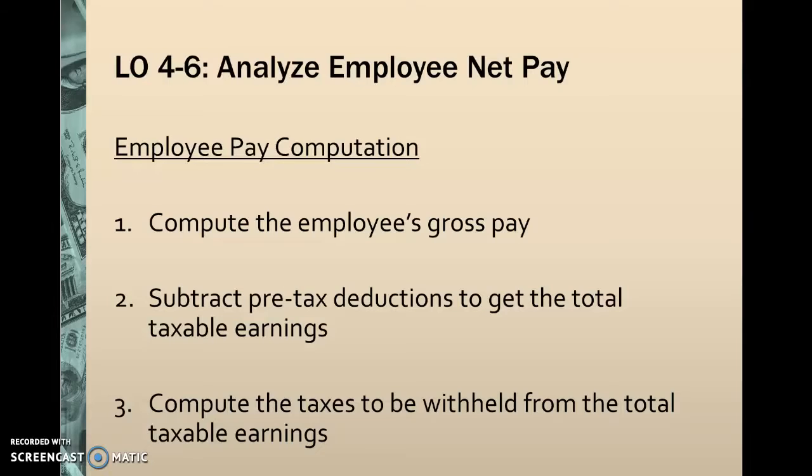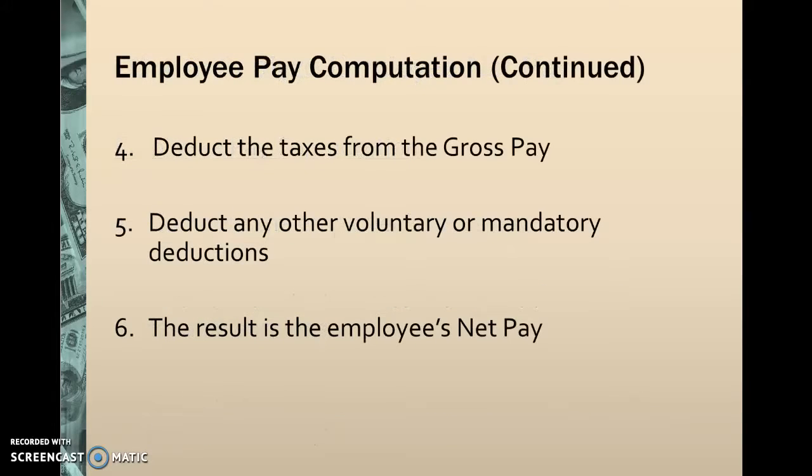Remember, the pre-tax deductions could be your 401k, health insurance, life insurance, short-term, long-term disabilities. And then we need to compute the taxes to be withheld from the total taxable earnings. Step 4, we're going to deduct the taxes from the gross pay. Step 5, we're going to deduct any other voluntary or mandated deductions. And then step 6, it results in the employee's net pay.